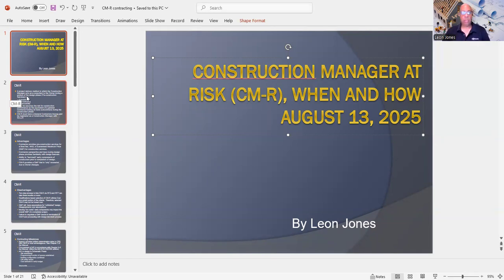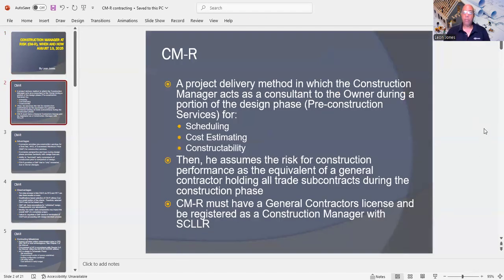Now, when we talk about the construction manager at risk, again, we are looking at a project delivery method in which the construction manager acts as a consultant to the owner during a portion of the design phase, which is known as the pre-construction phase.